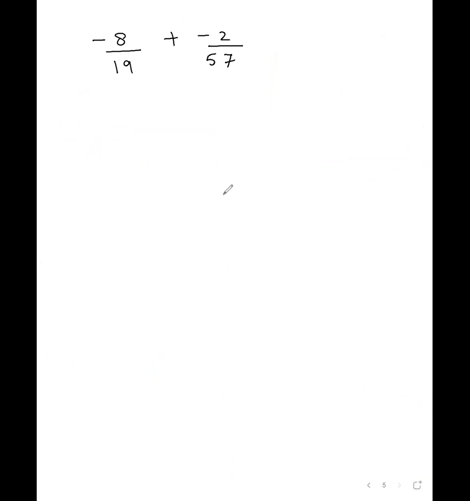Okay, Hiba? Let's go step by step. Tell me the LCM. 57. Very good. This LCM is 57. So what does the first fraction become? Minus 24 by 57. Very good. The second one will remain as it is. So now it is minus 26 by 57. Very good.